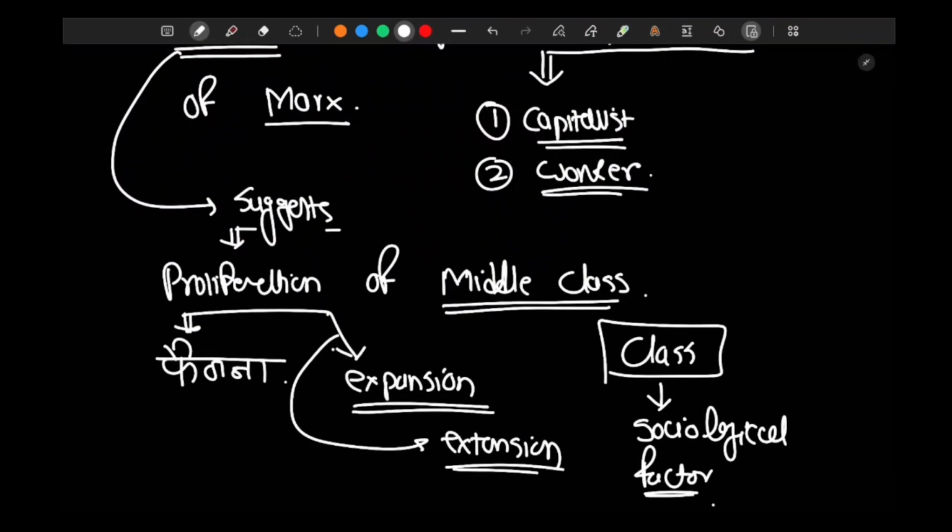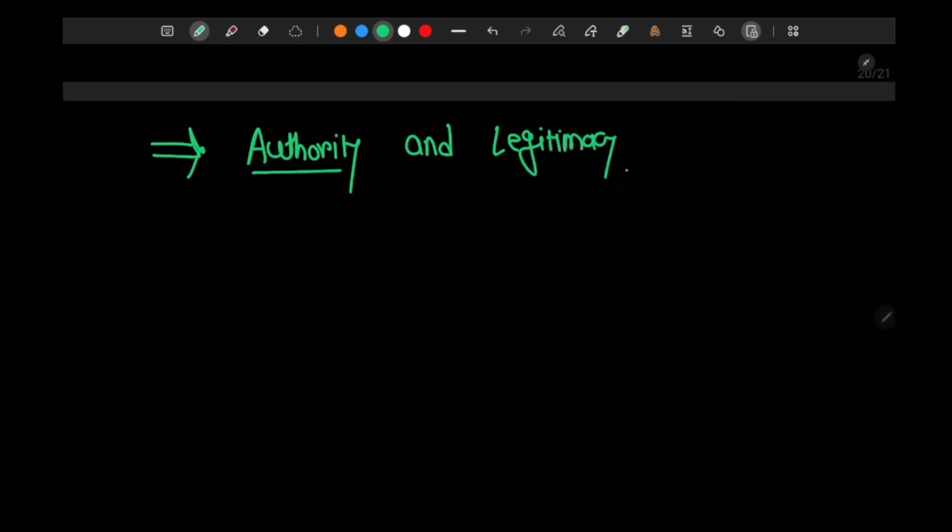Then again, he has used political sociology approach in another one of his theories. We have studied Max Weber in authority and legitimacy.